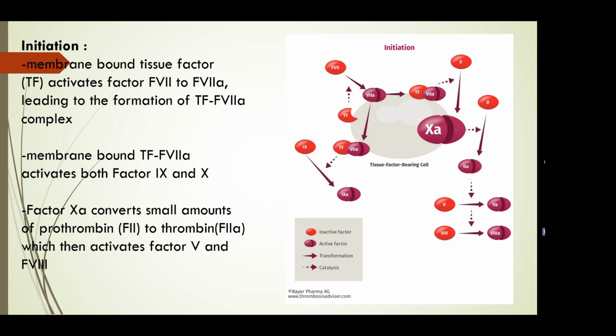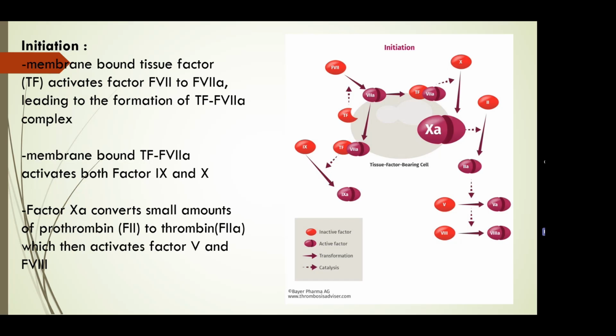You can see the membrane-bound tissue factor activating factor 7, leading to activated factor 7, forming the tissue factor 7 complex, which now activates both factor 10 in the common pathway and factor 9 in the intrinsic pathway.